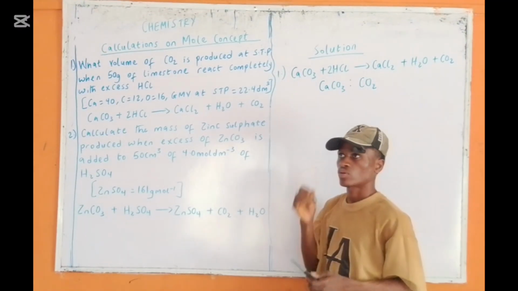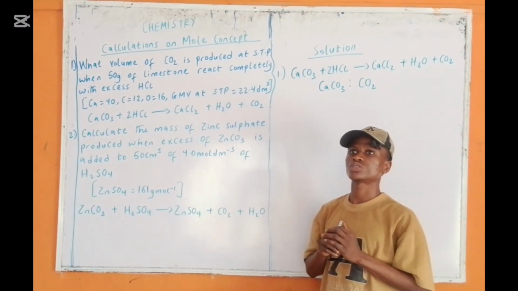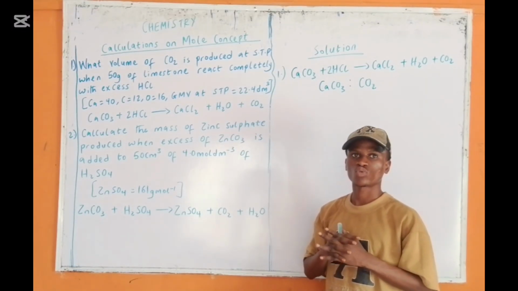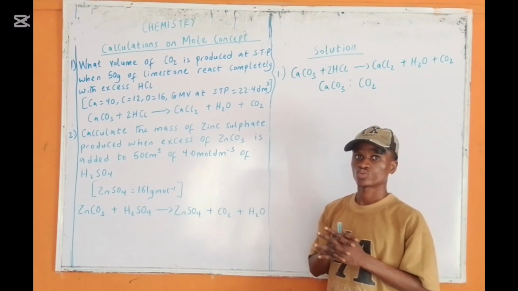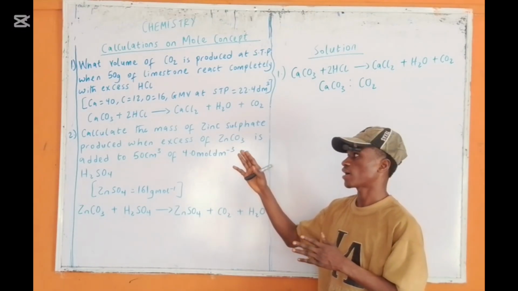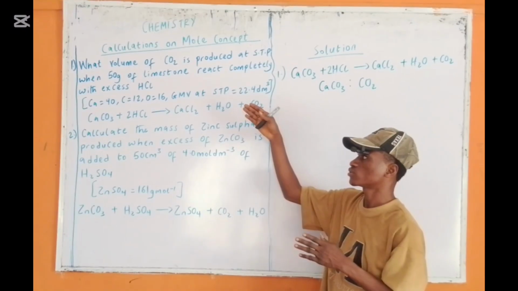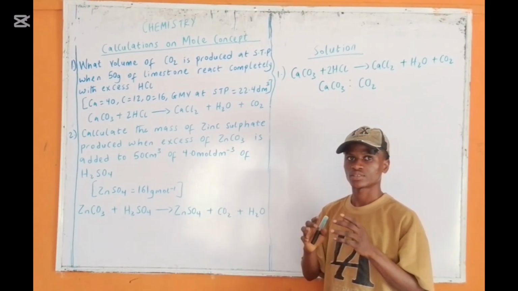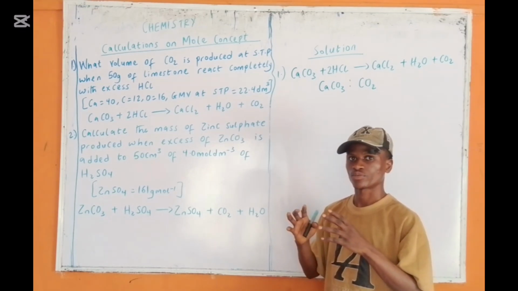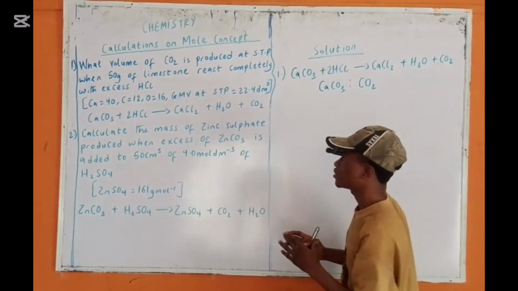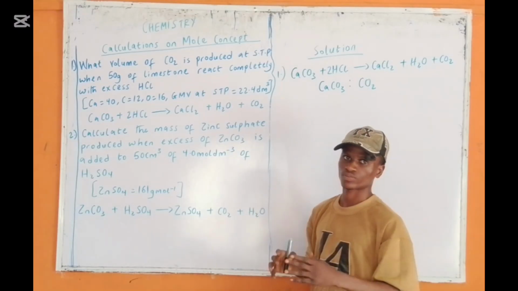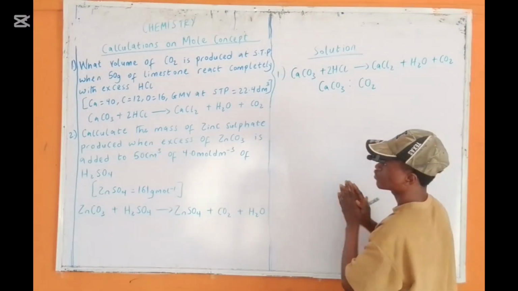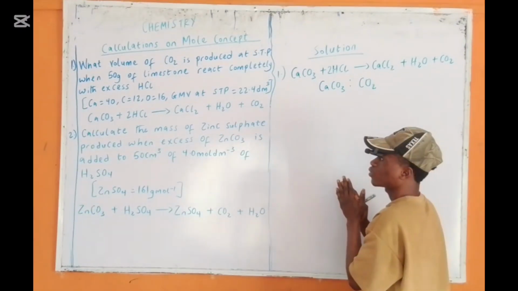Now, before you go into the question, always derive what you make use of to get your answer from the equation. So first of all, relate what you have from the equation, then you now apply the question. So from the equation, what are we having?